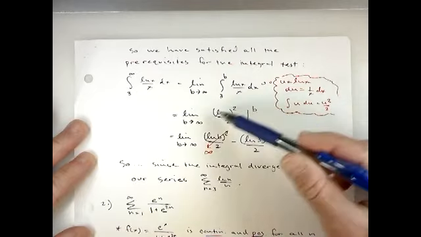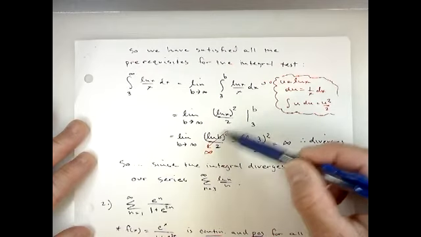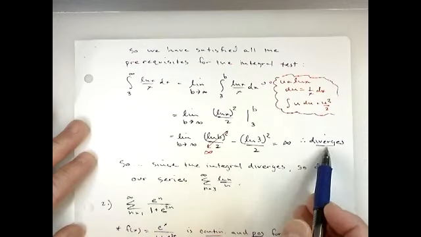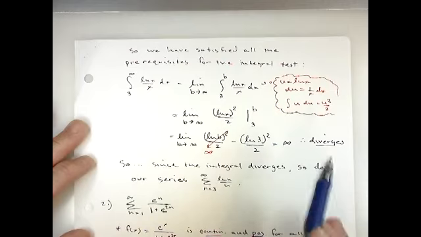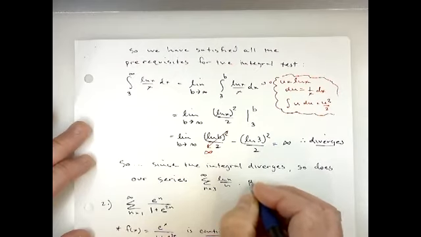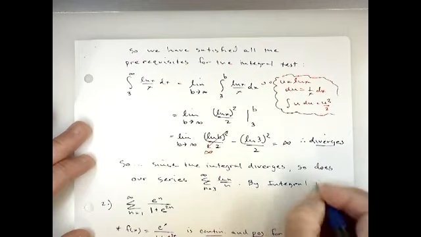And if you replace your infinity with a b, plug in b, and take the limit, this term's going to go to infinity, which means the integral diverges. And since the integral diverges, so does your series by the integral test, okay? By the integral test.